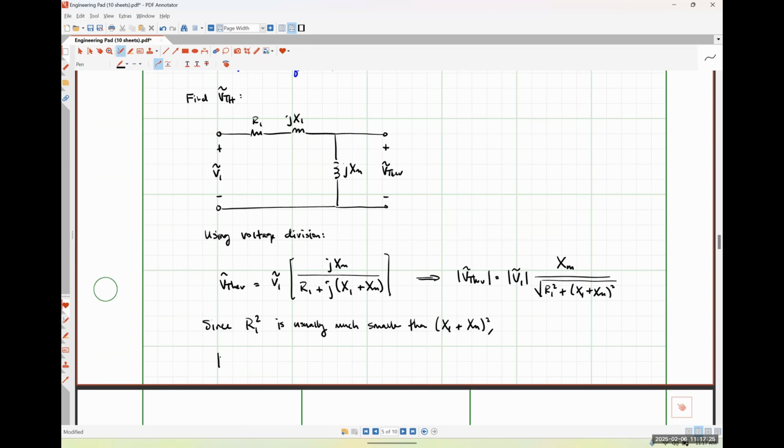And we would find that the magnitude of our Thevenin voltage will be approximately equal to the magnitude of our input voltage V1 multiplied by XM over X1 plus XM. Okay.